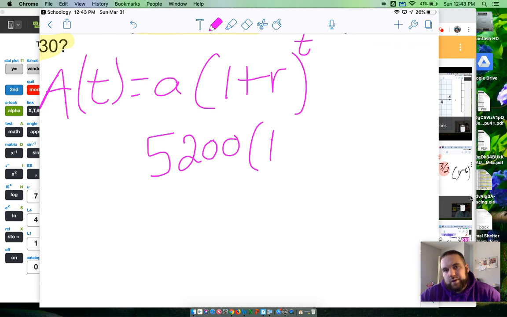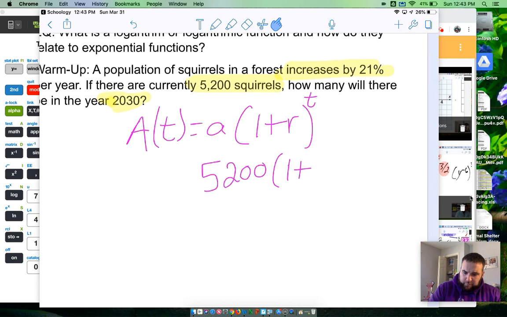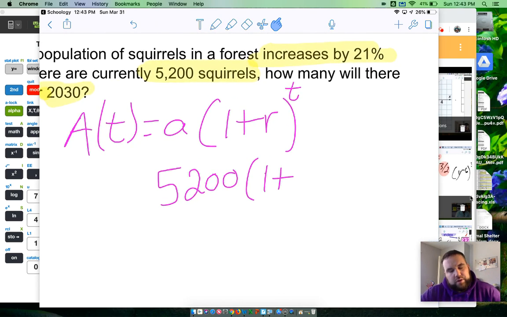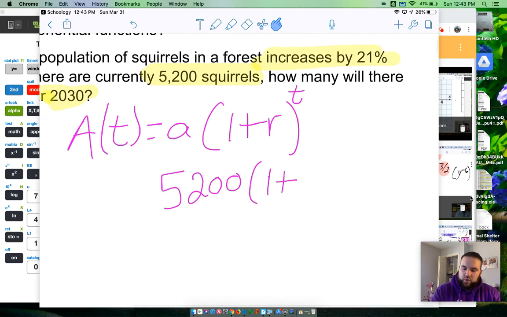We always start with 1, where we need 1 in the parentheses because that would signify no change. Multiplying by 1 would keep that population the same, but we're increasing by 21%, so I will need to add on. The only thing that you really have to remember with this is that you need to change the percentage into a decimal. So I can't put 21 in the parentheses.